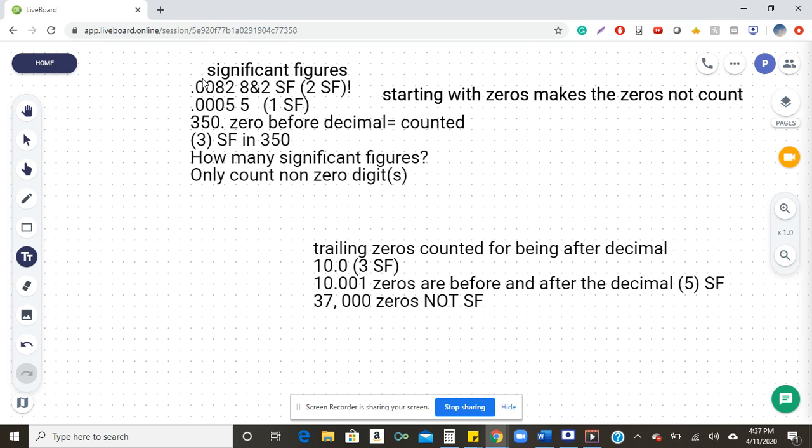So a number like 350, you just see where the decimal naturally begins, which is a place such as here, where it naturally is. And if the 0 is before the decimal, you can count it.